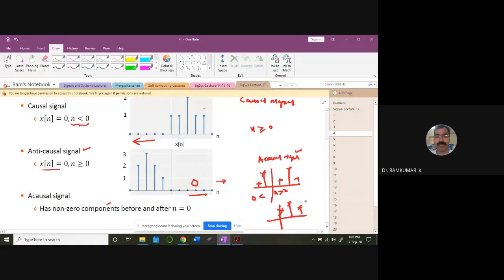Whether this signal is causal or anti-causal or acausal. This signal? Causal, sir. It's causal. Okay, causal means it starts at time equal to 0. This signal is anti-causal. You can imagine that.